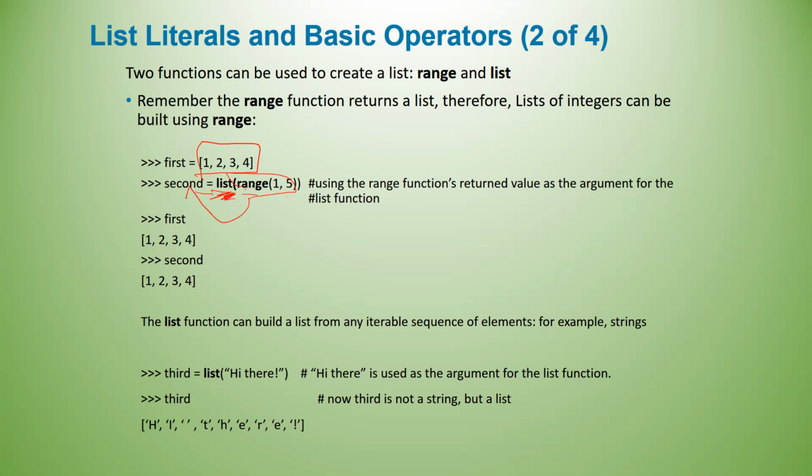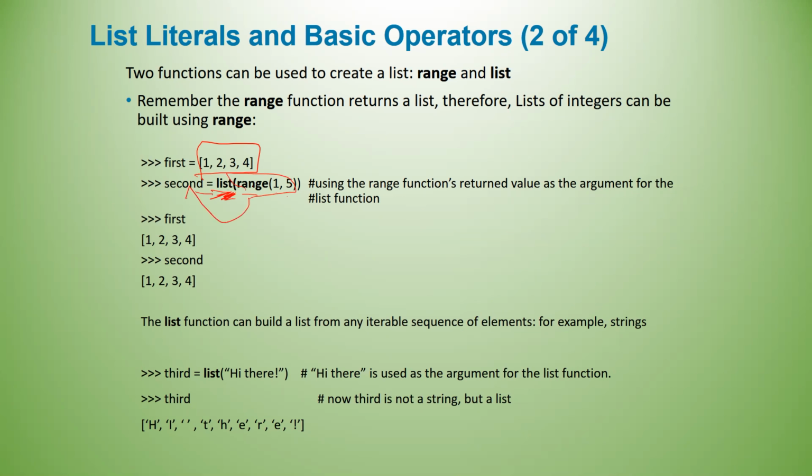Any questions, everybody? This is how you can create a list. And you can also create a list from a string. For this one, you do not use range because range is for integers only, right? A list of integers can be built using range. And this is a string. A string is a sequence of characters. So you just use the list function and say, I want that to be a list.